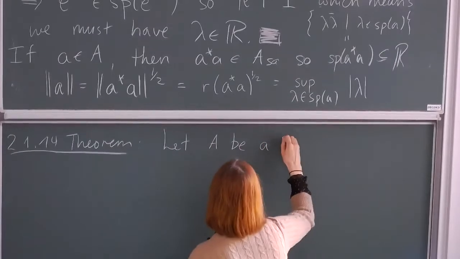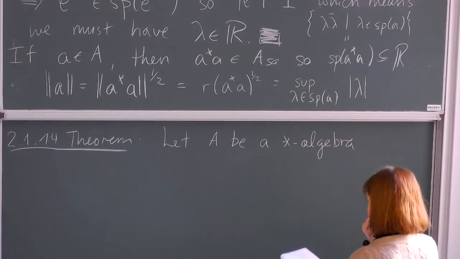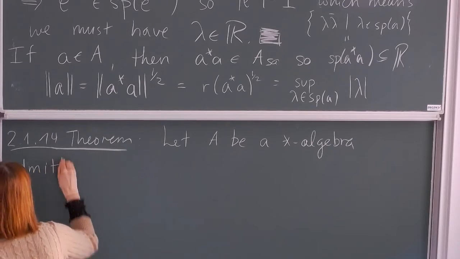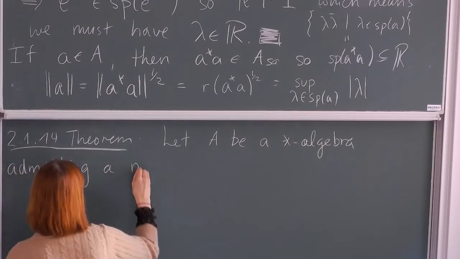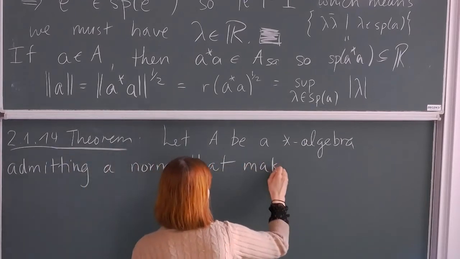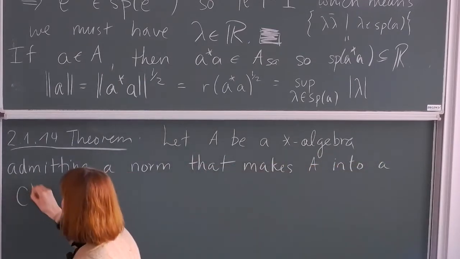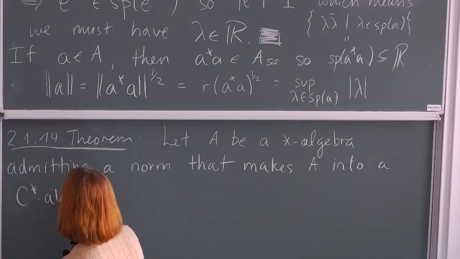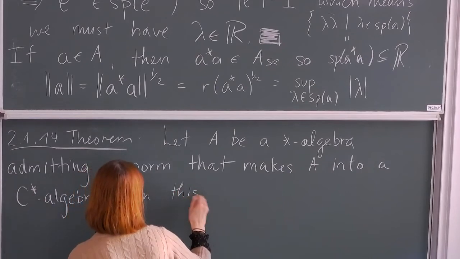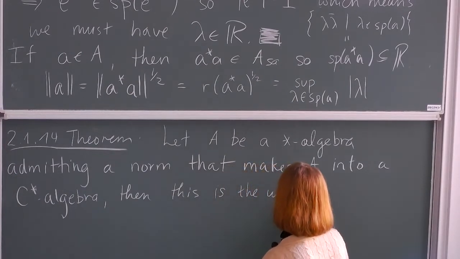If we have a star algebra, and it has a norm which makes it into a C-star algebra, then this is the unique C-star norm making A into a C-star algebra.